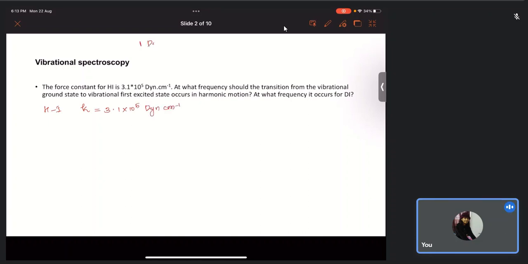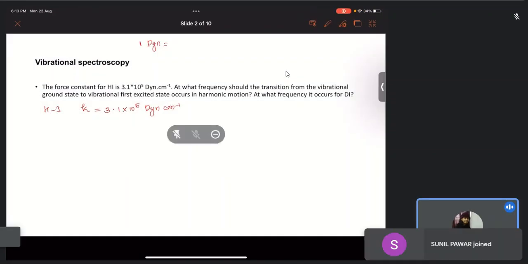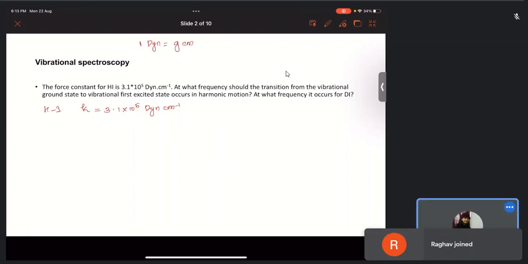So 1 dyne is equal to 1 gram centimeter second square inverse.